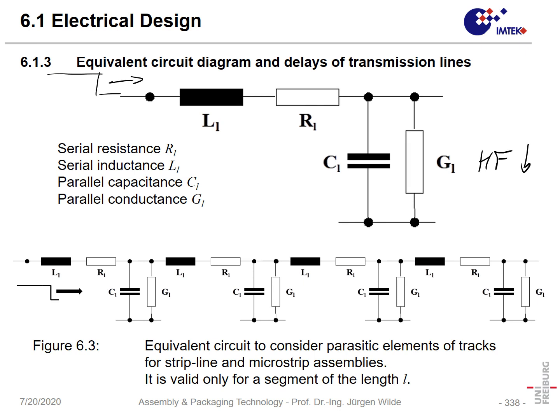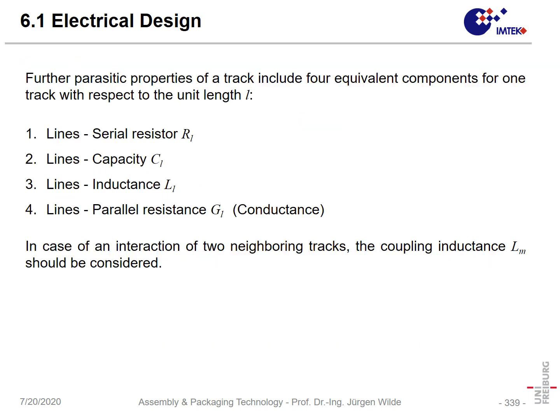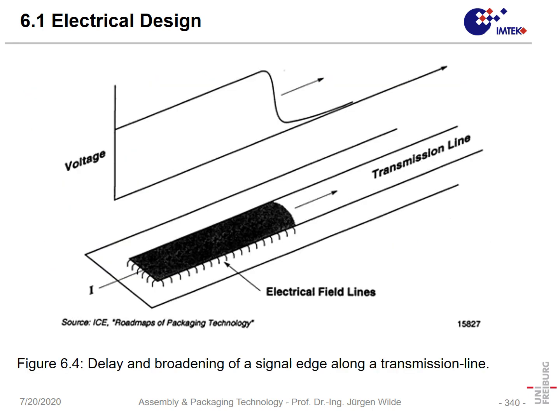Also, that resistor will lead to a slow charging of that capacitance, and also the conductance will lead to even slower charging, because also a certain part of that current is lost. And in that way, when we have a signal, that signal will come with a certain speed here.